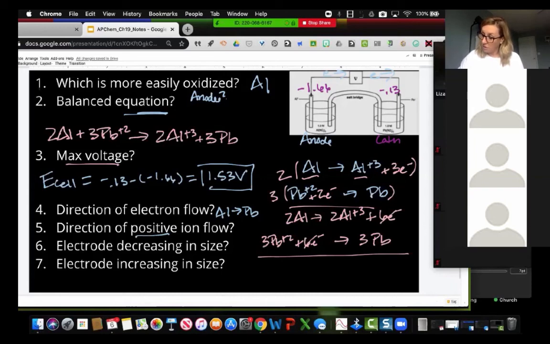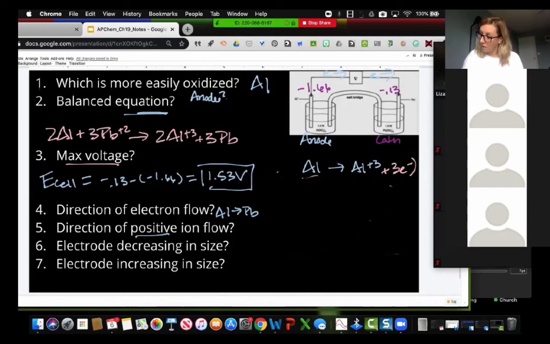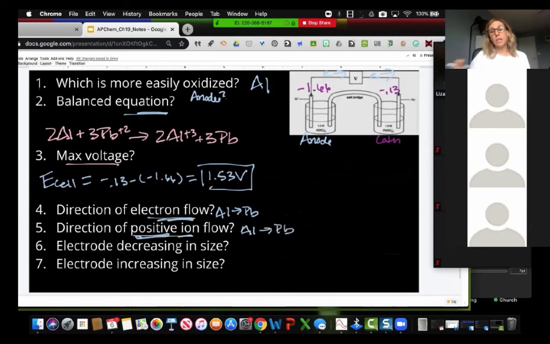Let me get rid of some of this over here so I can write this back out here. From Al to Pb. So the positive ions are going in the same direction as the electrons, if you want to remember it that way, or if you just track those electrons around, I feel like that's the easiest way to do it.